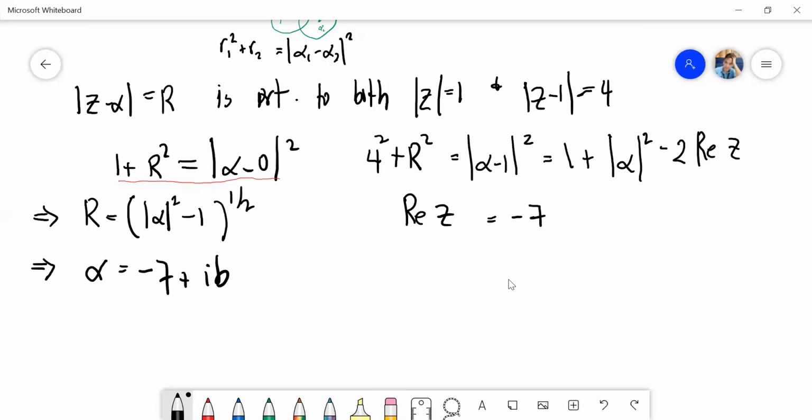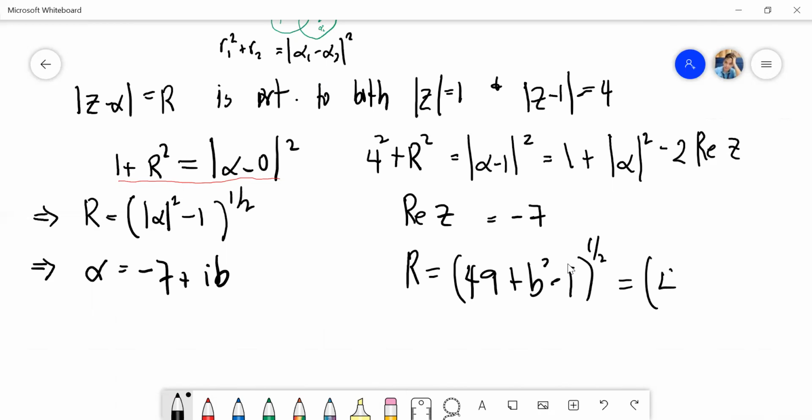So I would also get here R equals the square root of 49 plus B squared minus 1. And so I would get the square root of 48 plus B squared.